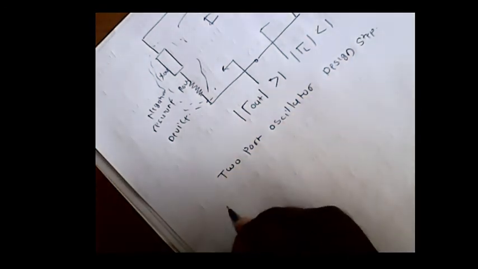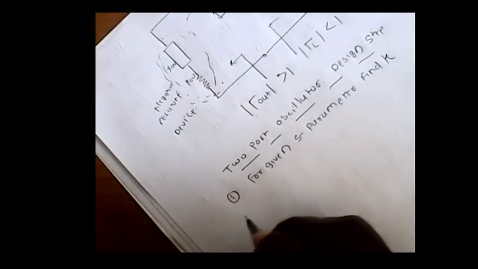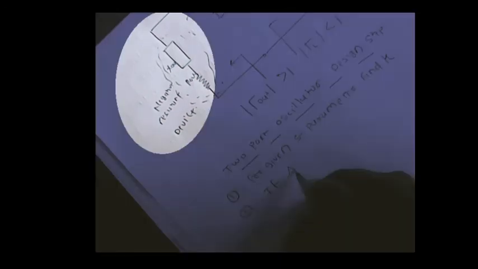First, for the given S parameters, find K. Second, check that delta is less than 1 and K is less than 1.